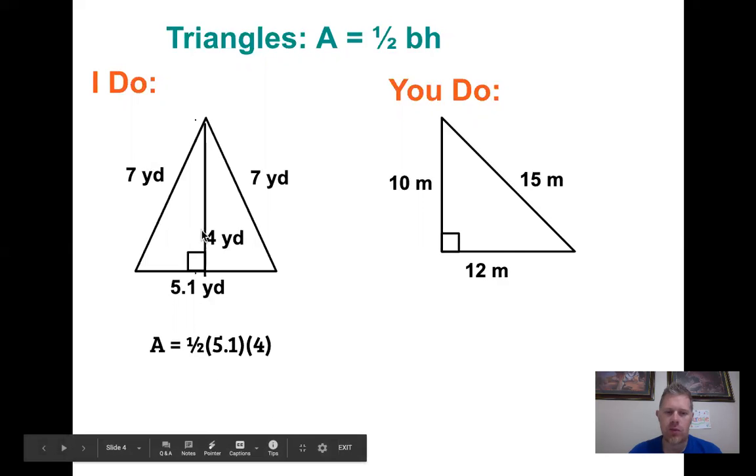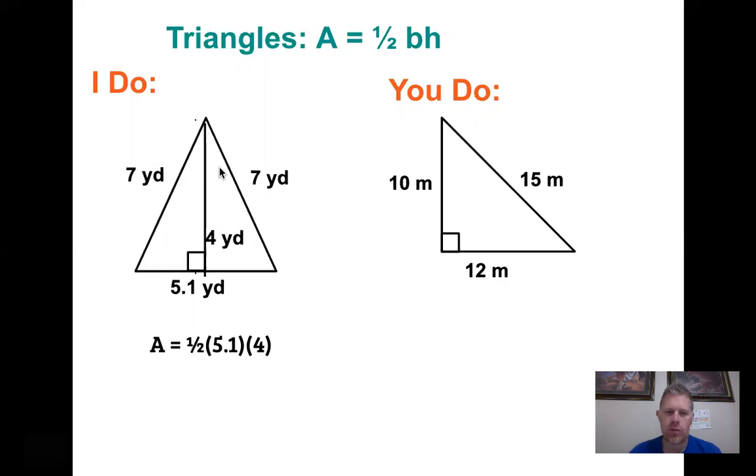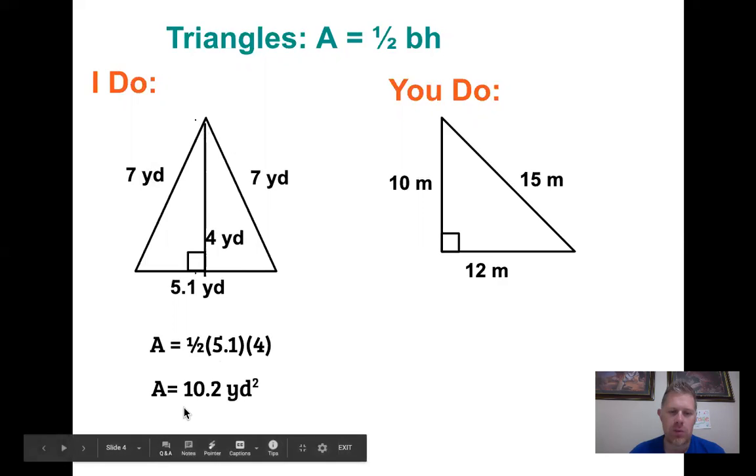And then we have it times 4, which is the height. That 7 doesn't really matter. We don't really need the 7. Yeah, this is a triangle, so that's how you do it with that. And so our answer would be 10.2 yards squared.